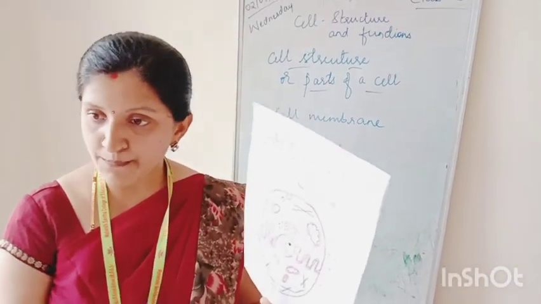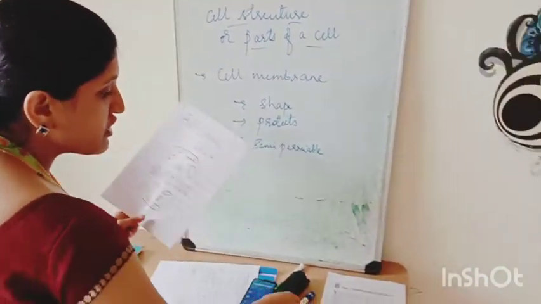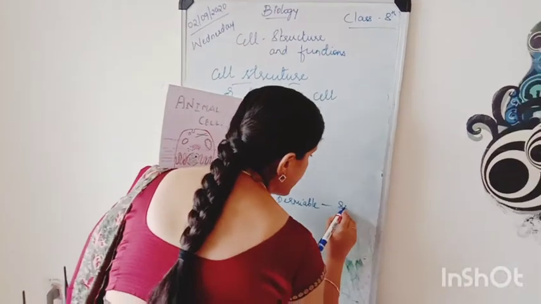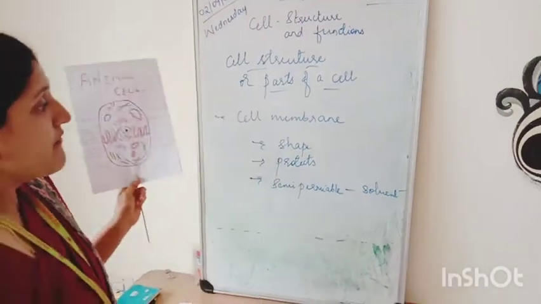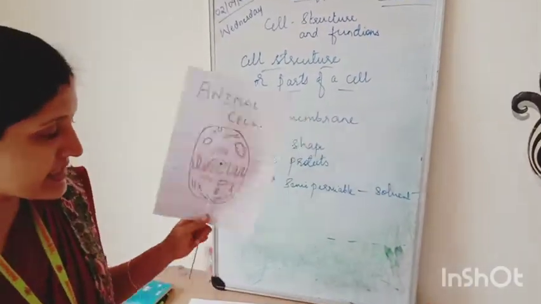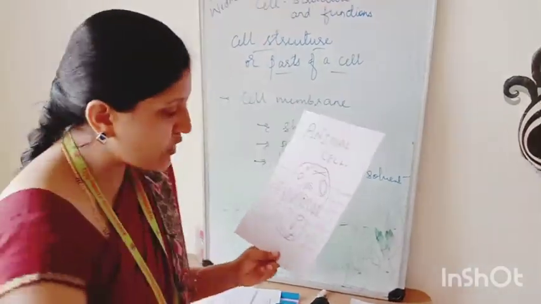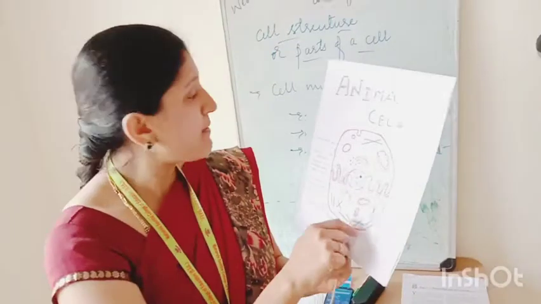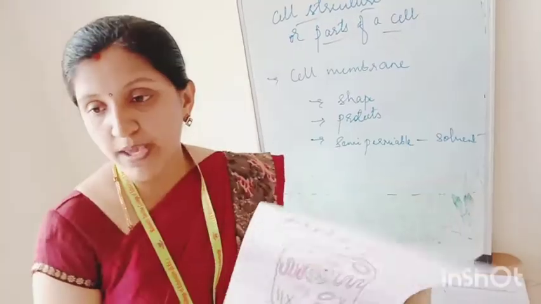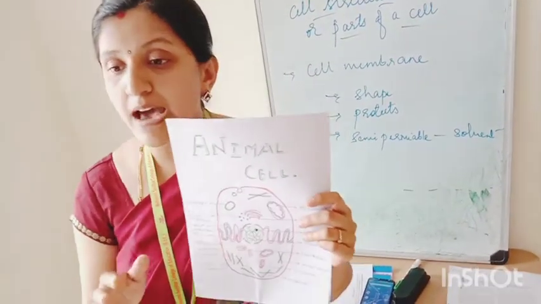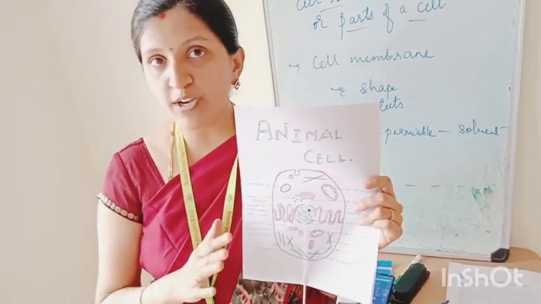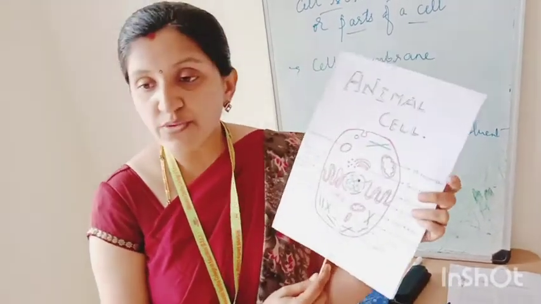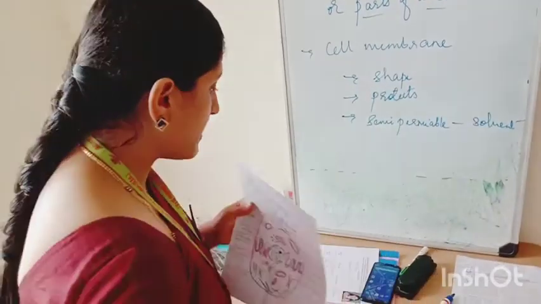Usually it allows the solvent, that is water, inside, not any other thing. We'll also discuss the cell wall, I'll explain. So the cell membrane here is semi-permeable. That means it allows only particular solvents to enter, not the solute.